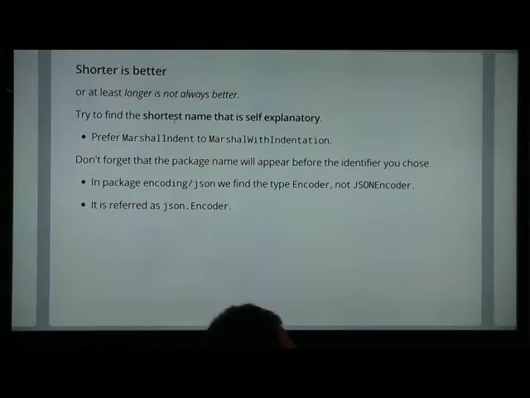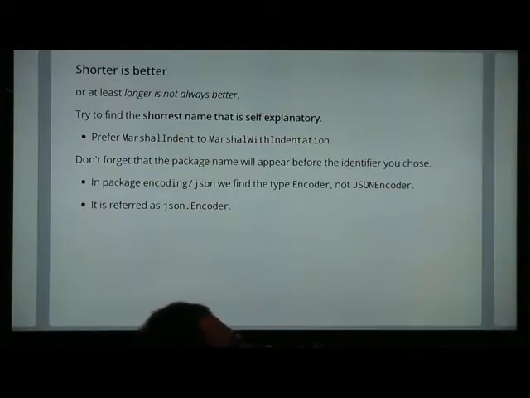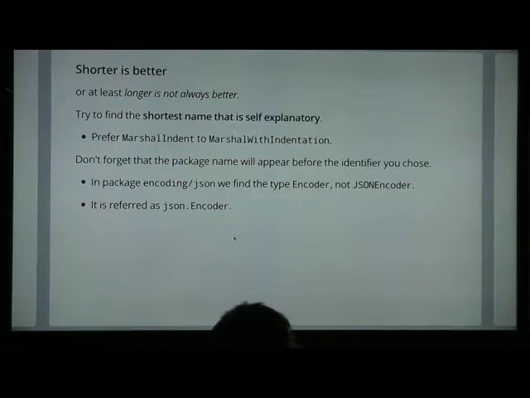So json.JSONEncoder doesn't help in any way. So this is actually something important: having short names. Also, thinking about the best short name for your package and your identifiers makes you think about what exactly they're supposed to do. Very often, if you have a function with a very long name, probably it's doing too many things. So it's good to think about it.